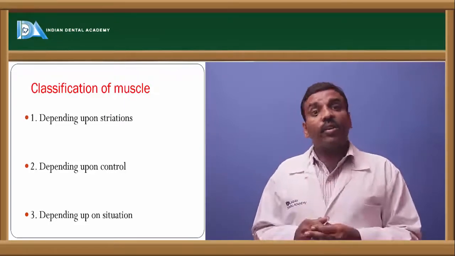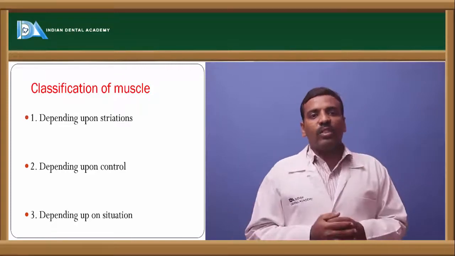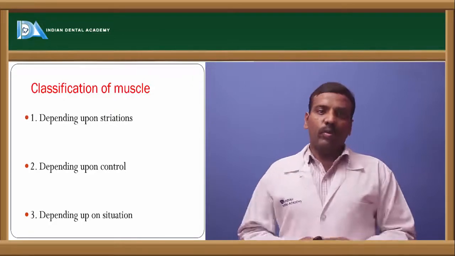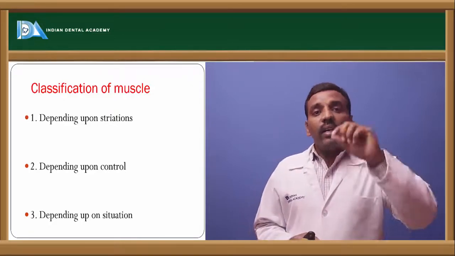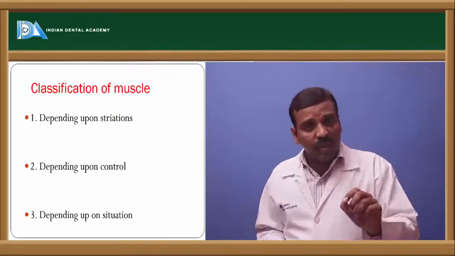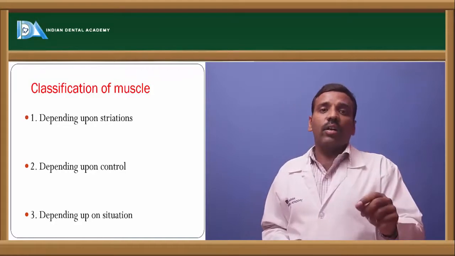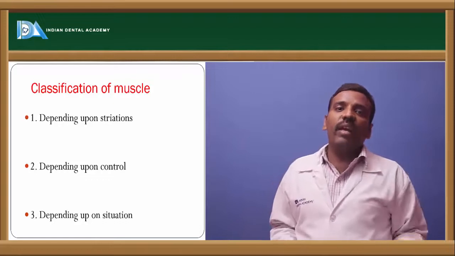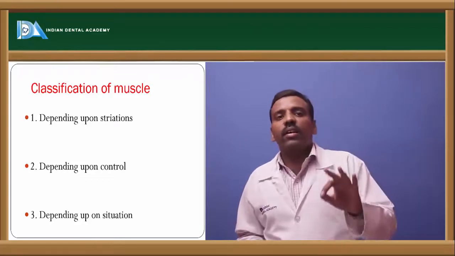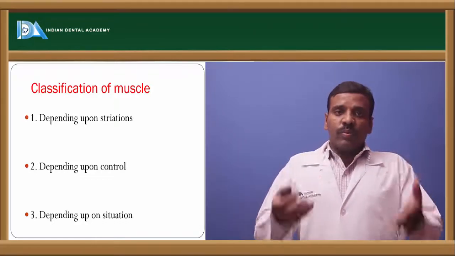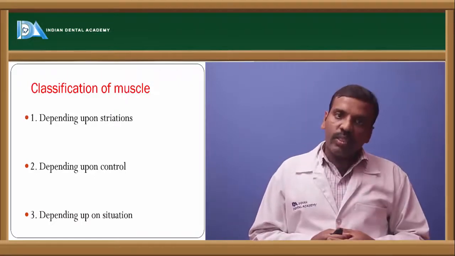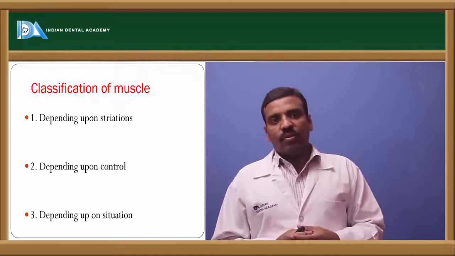But with the involuntary muscle, we cannot stop it. Like, can we stop the heart? It is not possible. So the involuntary muscle is the muscle which we cannot control. It is not under control of the brain and the CNS, but under control of the ANS, the autonomic nervous system, through the sympathetic and the parasympathetic nervous system.